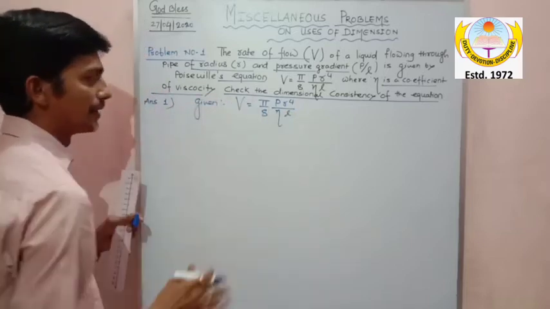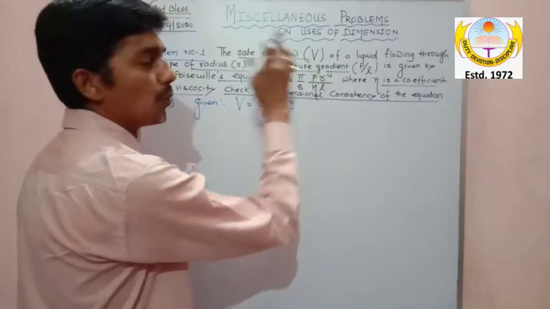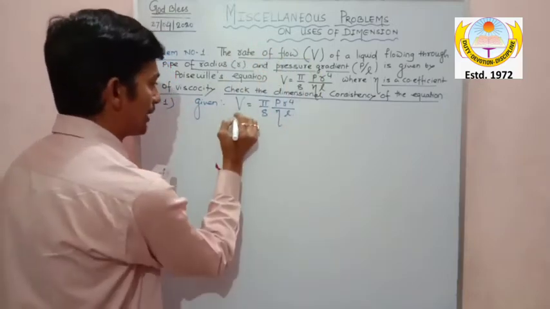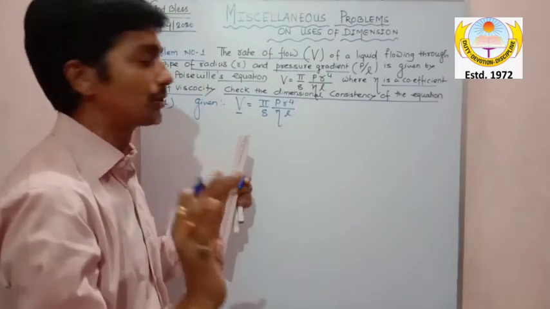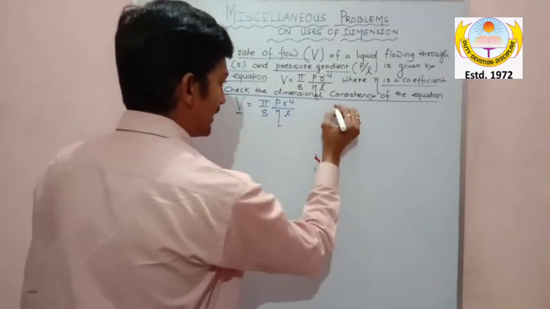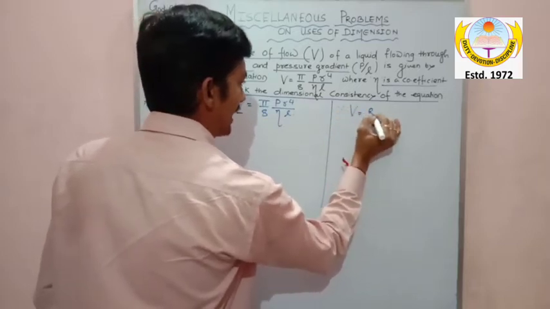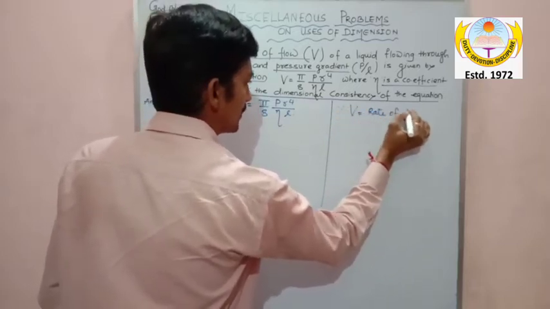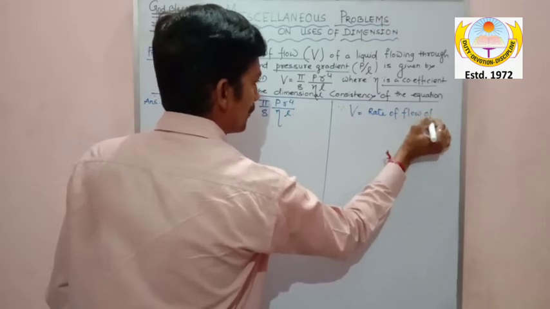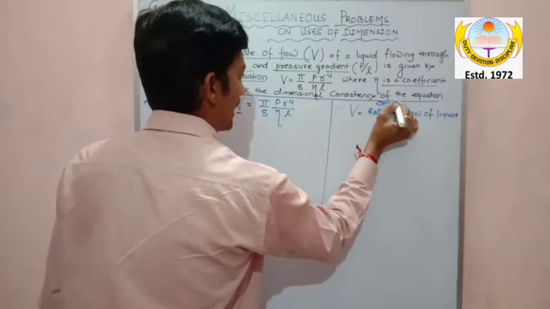That is given. Now, my dear, my suggestion is there is a word rate of flow. Don't you think this is volume? Please don't think it is volume. Clearly I am writing here, since V is the rate of flow of liquid. This is the concept, my dear. Here I am writing concept.